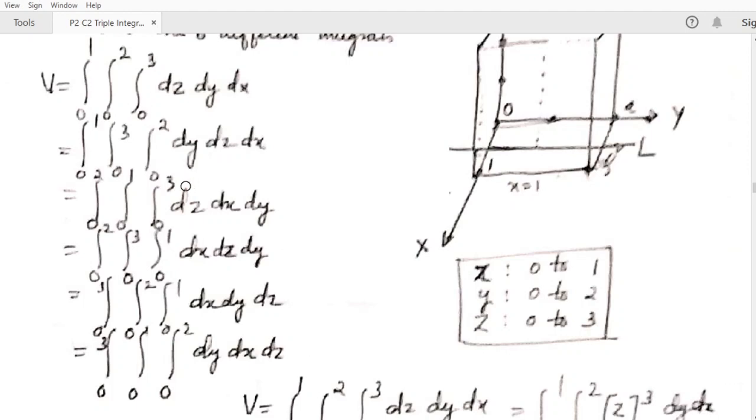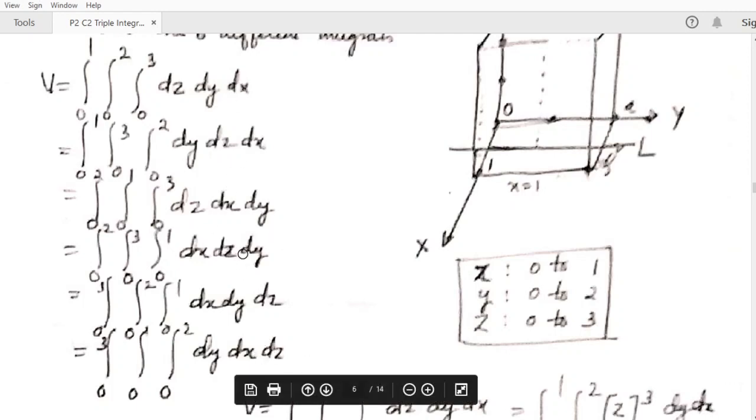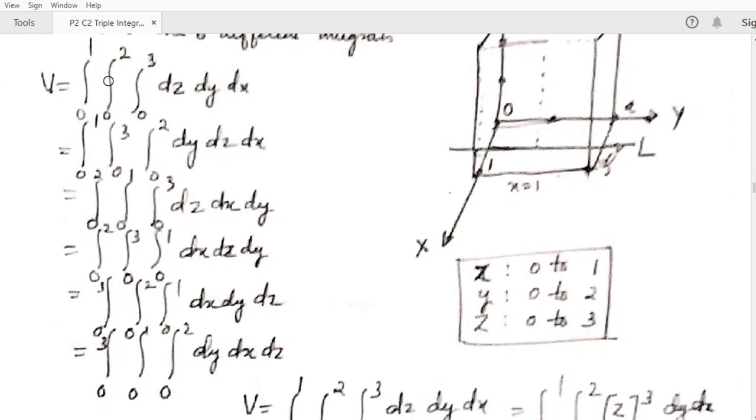In each case, the limits of x, y, z need not be the same, they will vary. Like we have done in double integrals, the limits of x, y, z in different cases are different. So in this particular solution, I am going to consider only the first case, find the limits of x, y, z and solve it.